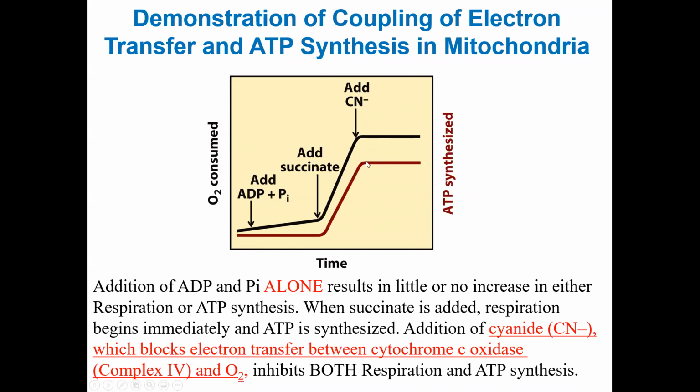Okay, so when you cannot do the electron transfer, no respiration, no ATP synthesis, right? So that is a very clear demonstration of the process where electron transfer and ATP synthesis are coupled in mitochondria. Cool, right? Very easy to understand.